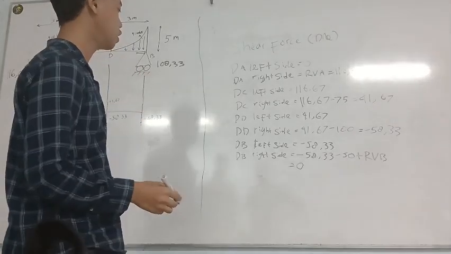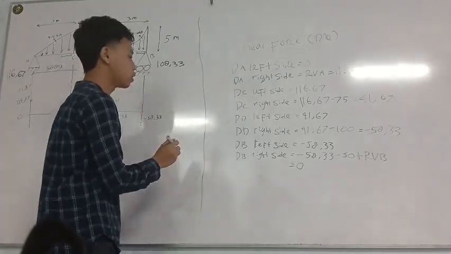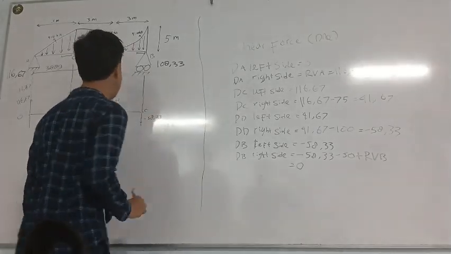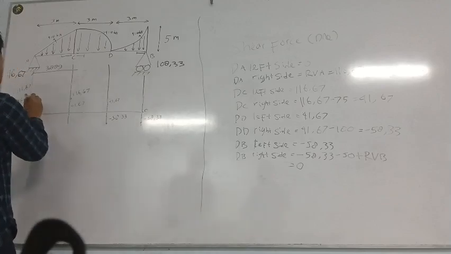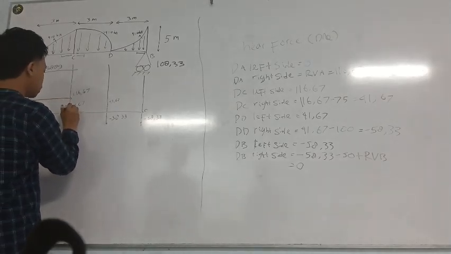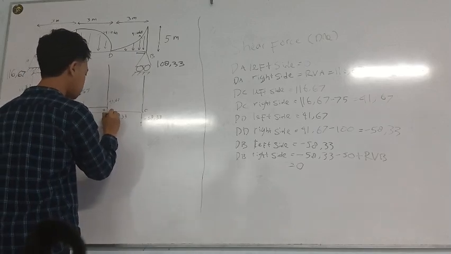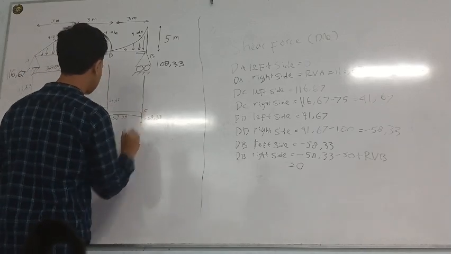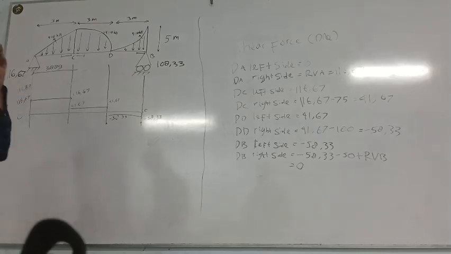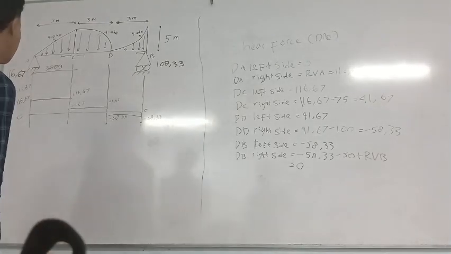And the last is DB right side, which equals 0. So this is the diagram of shear force or Tx.